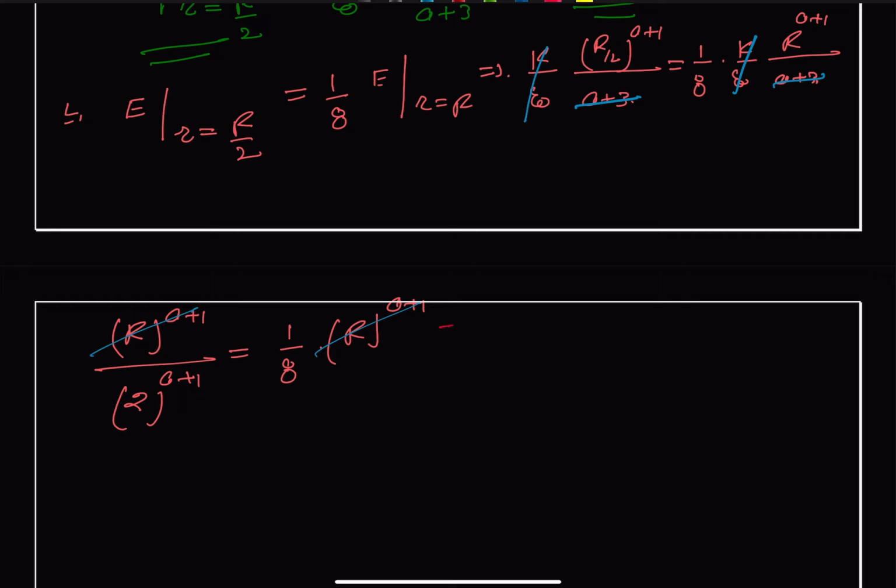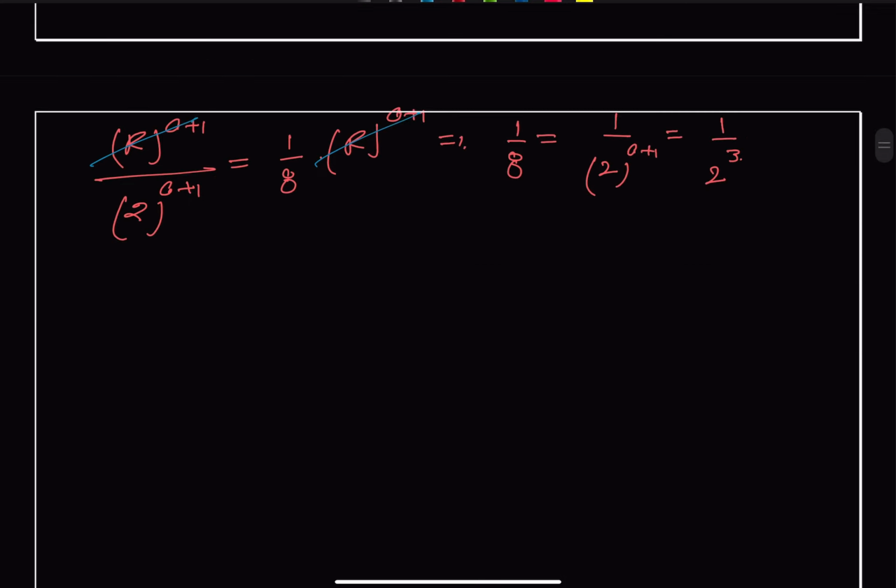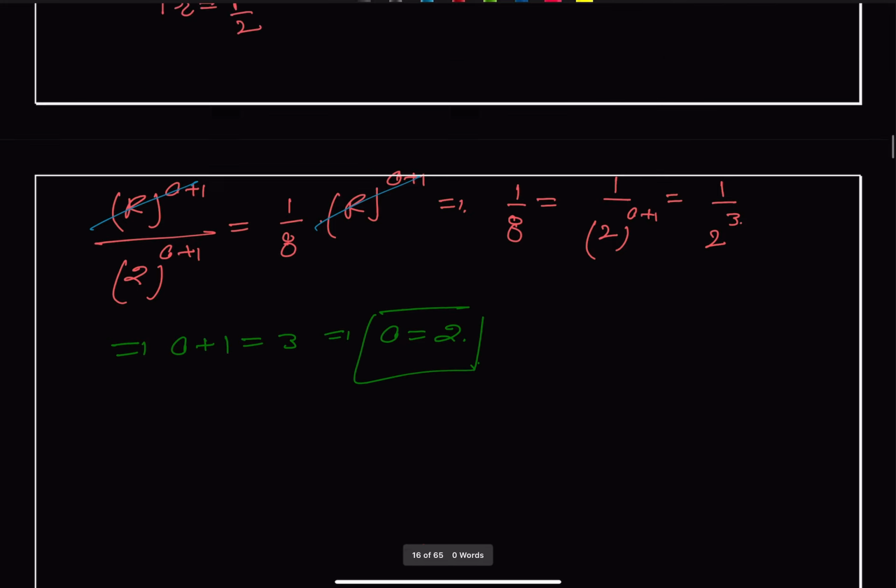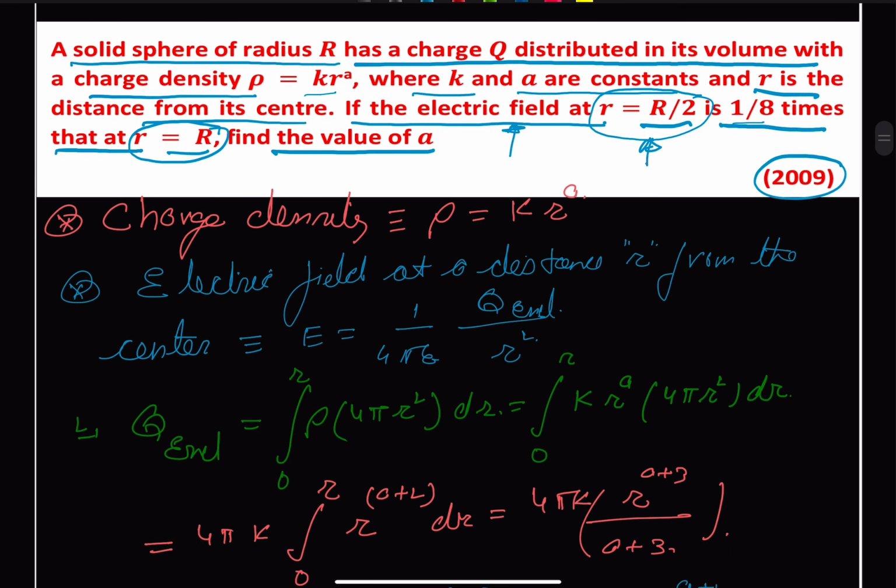So we get from here that 1/8 is equal to 1/2 raised to the power (a plus 1), and this 8 can be written as 2 cubed, so 1/8 is 1/2 raised to the power 3. Therefore we can say a plus 1 is equal to 3, which gives that the value of a is equal to 2. So the value of a is equal to 2.